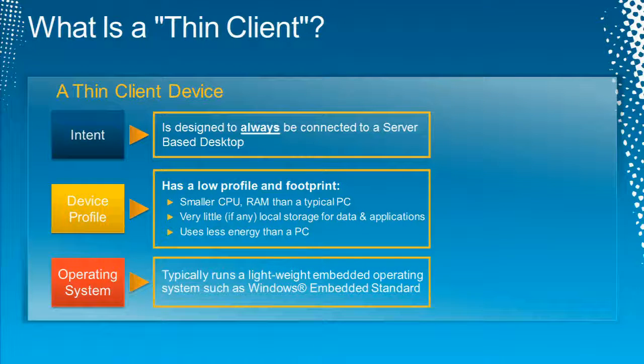And what that means is they need a purpose-built operating system to run those devices. Typically, at Microsoft, we have the Windows Embedded line, which, depending upon the product you choose, can be as beefy as WES 7, Windows Embedded Standard 7, or as thin as Compact 7, and a whole range in between. So really, if a device satisfies all three of these criteria, it's a thin client.